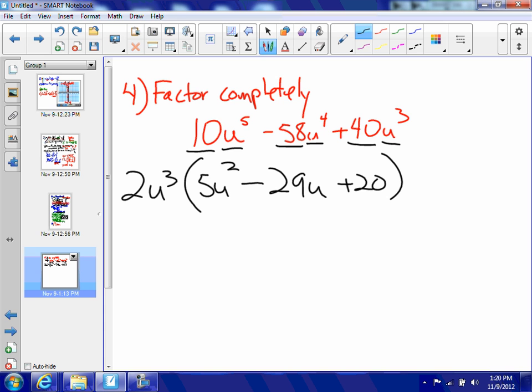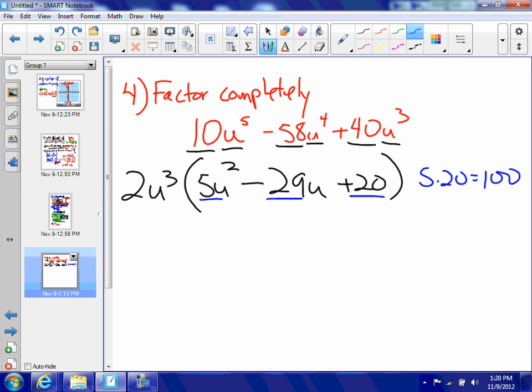So what I'm going to do is use the surefire method to factor my trinomial. I have a 5 and I have a 20. 5 times 20 gives me 100. And I need to know what two factors of 100, when I add them together, will give me negative 29.